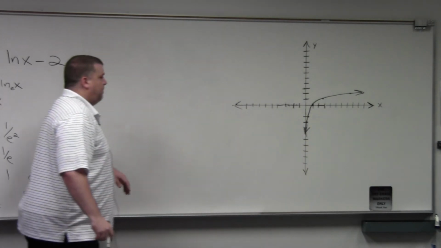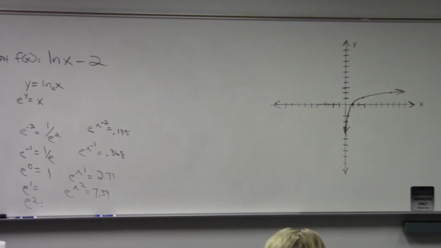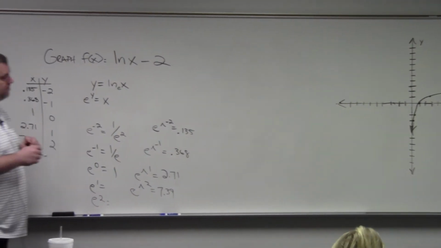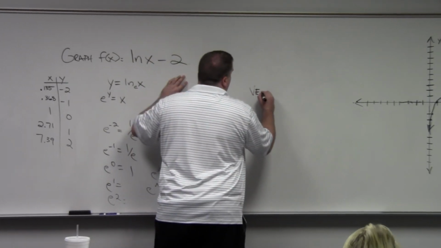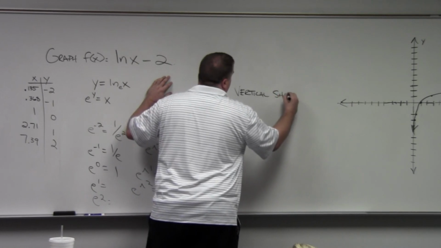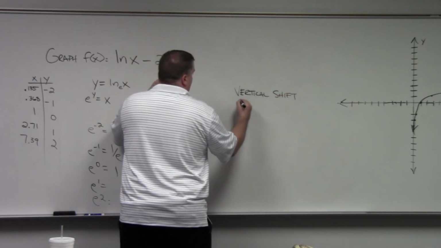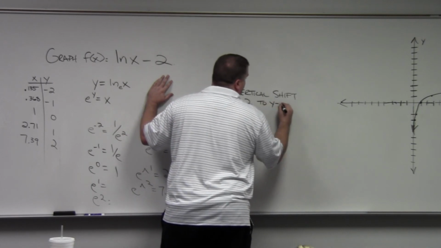So do we still get that basic logarithmic shape? Right? It was a natural log. It still had a base of e, but the shape is going to be that same basic logarithmic shape. This one had a vertical shift, down 2 to the y values.